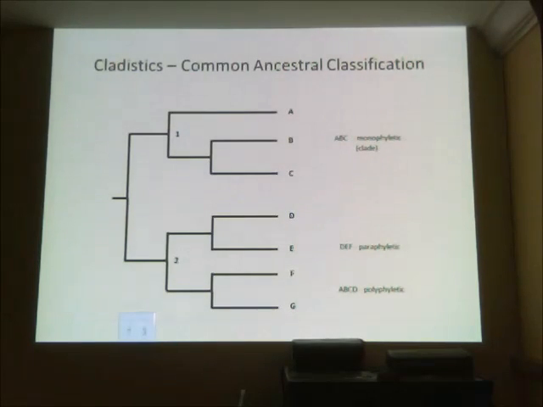If we look at D, E, and F, on the other hand, we don't have a clade here. It's actually short of a clade, because in order for this to be a clade, it would have to include this ancestral organism, and it would have to be D, E, F, and G. Since we've actually left G out of it, we say that it's paraphyletic.